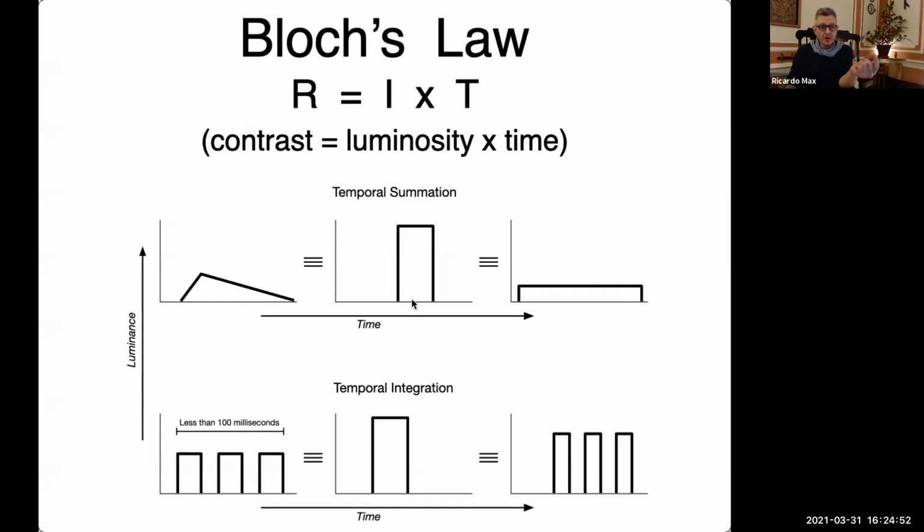A short burst of light is the same perception-wise as a third of the intensity spread along 100 milliseconds. So a burst of 33 milliseconds is the same as a less intensive 100 milliseconds. This is called summation or integration.